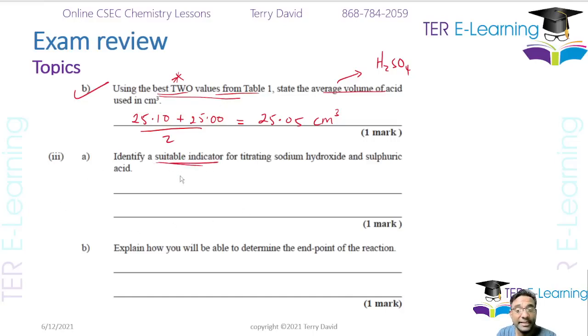You have several indicators you can choose from. You can use screened methyl orange, phenolphthalein. Typically in a titration like this, you'll probably use something like methyl orange or screened methyl orange. And then part B, explain how you will determine the endpoint. Well, when you put the indicator in the sodium hydroxide, it is going to be a particular color.